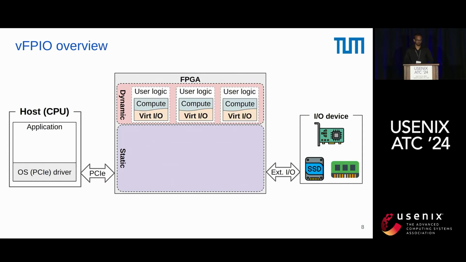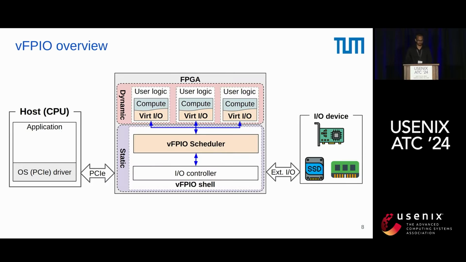Firstly, we have a hardware component called the virtual I/O module, which must be compiled into the user logic even before offloading it to the FPGA. The virtual I/O module provides a virtual I/O interface through which the user logic requests I/O. In the static part, we have the vFPIO shell, which includes the vFPIO I/O scheduler and a bunch of I/O controllers for the I/O devices.